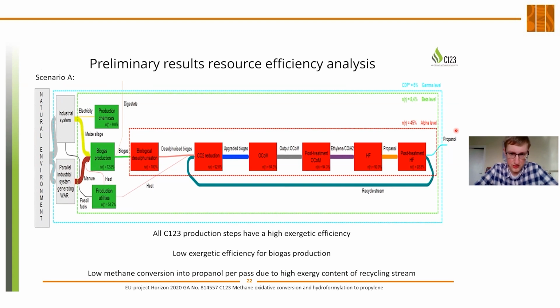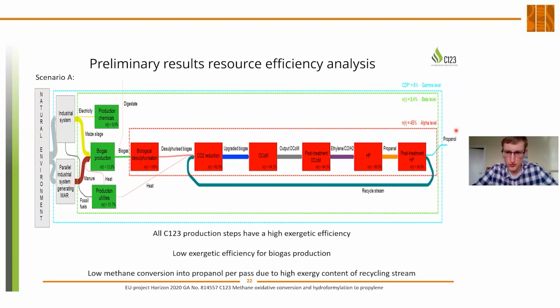In the red blocks, we can see that the exergetic efficiency of the C123 production steps is quite high, between 90 and 100%. However, the exergetic efficiency of the biogas production is much lower, amounting to 13%. And then finally, if we look at the exergetic efficiency at the life cycle level, for the whole life cycle, then we see that it amounts to 6%.